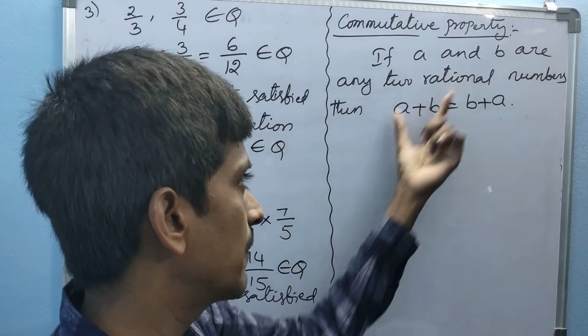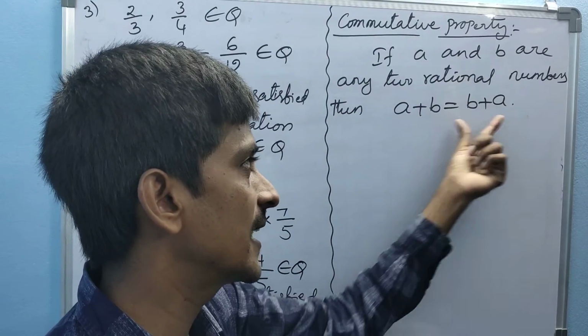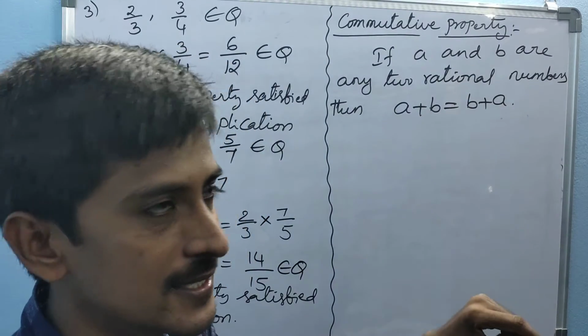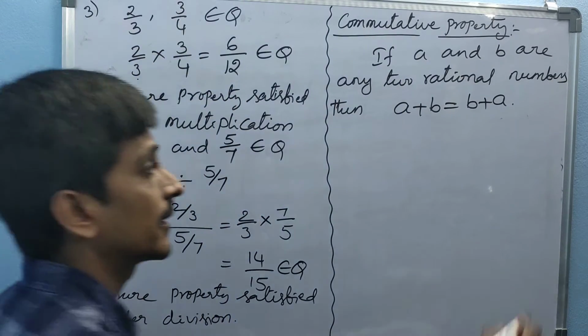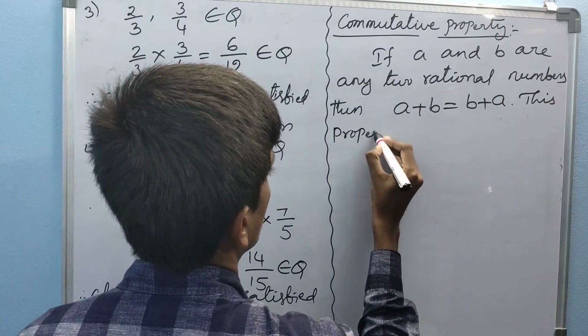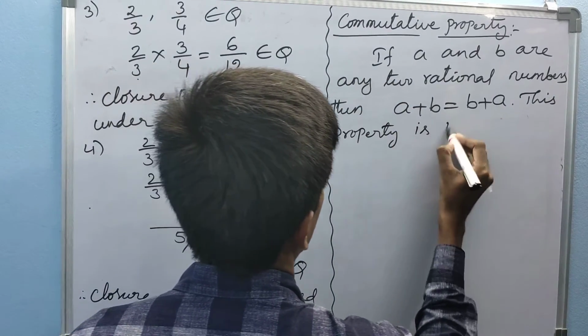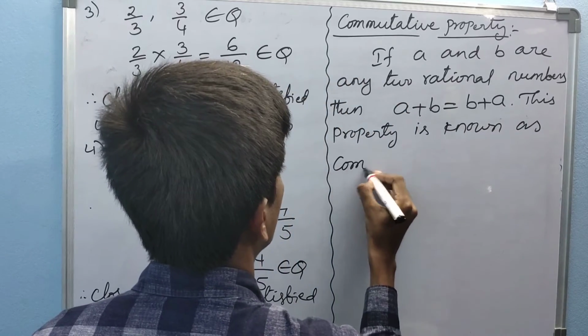Add the two given numbers, and after reversing, the two results are equal. Both LHS and RHS are equal. Then this property is known as commutative property.